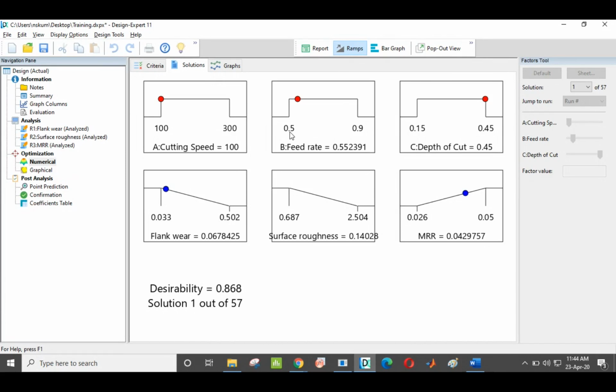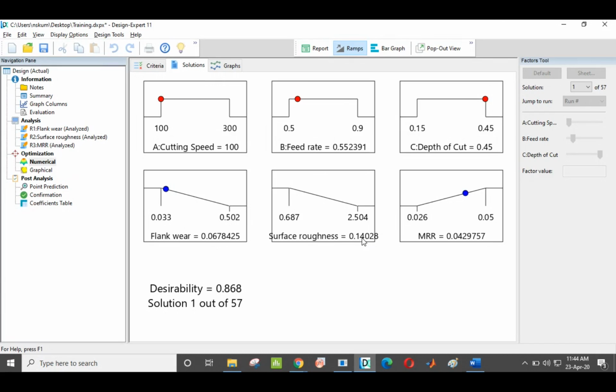But here, in-between level values also we can take. So it is 0.55 and the depth of cut has to be in the higher range, so that the flank wear is 0.06, surface roughness is 0.14.